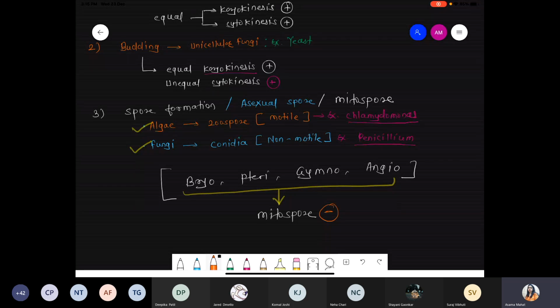Okay, next part we are talking about the last one, number 4, vegetative propagation.